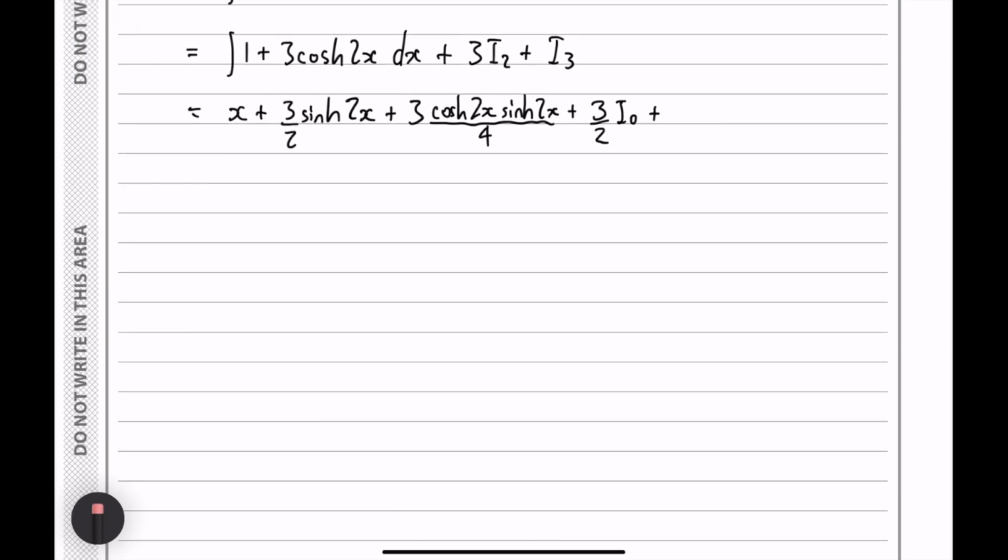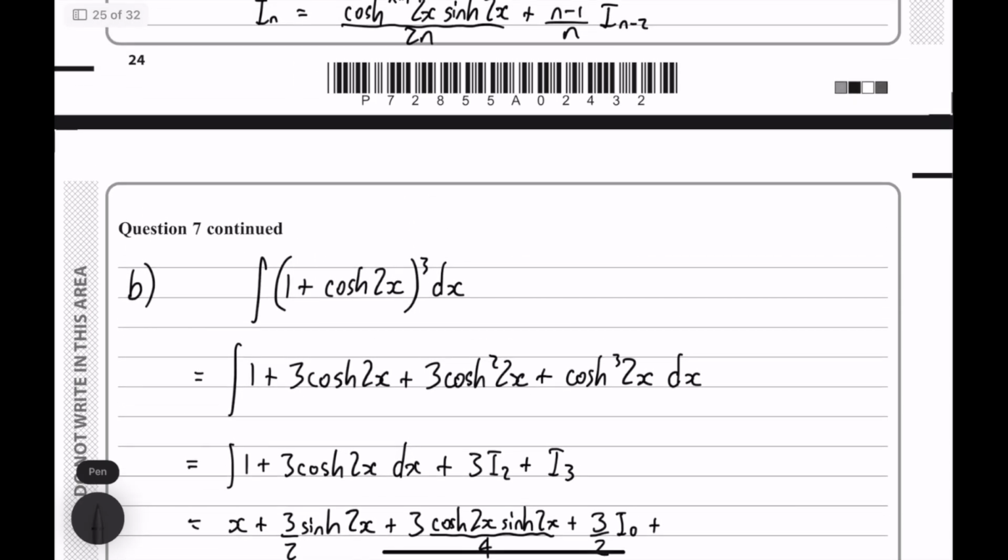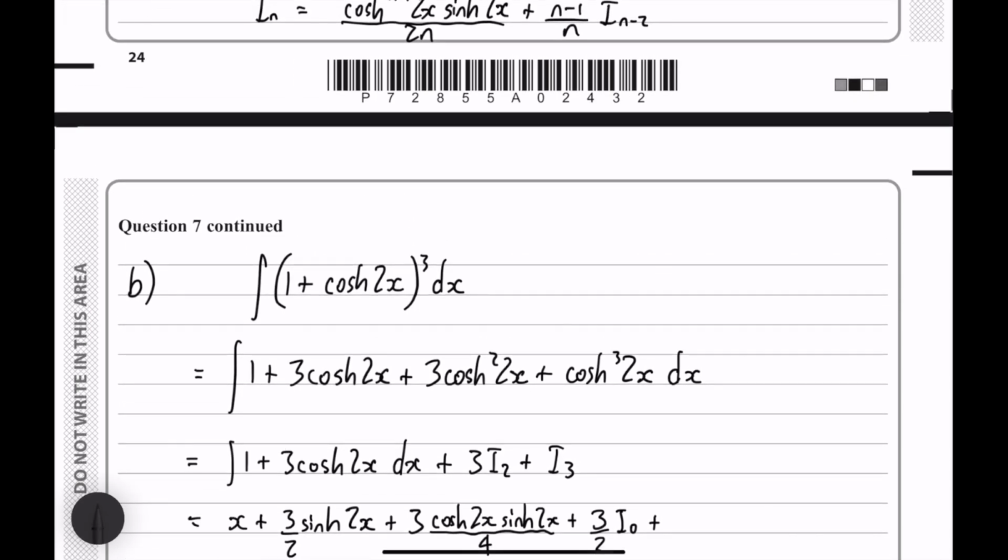and then back from this expression here, we've still got I3, but I3 is now going to be using this with n equals 3. So we've got cosh 3 minus 1 is 2, sinh 2x over 2 times 3 is 6, plus 3 minus 1 is 2 over 3, I_3 minus 2 is 1.